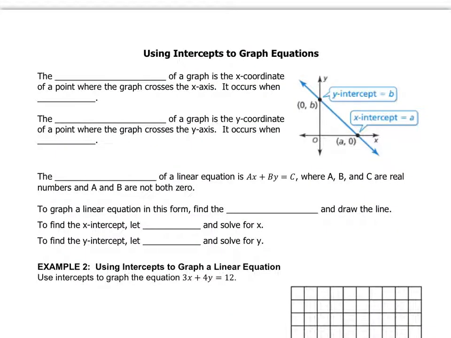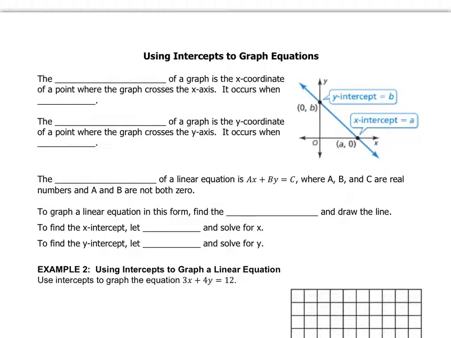All right, now let's talk about those spots on the axes that I told you we would get to naming later on. This is that moment. So the spot where it crosses the x-axis is called the X-Intercept. And if you think of the word intercept, it means to cross.